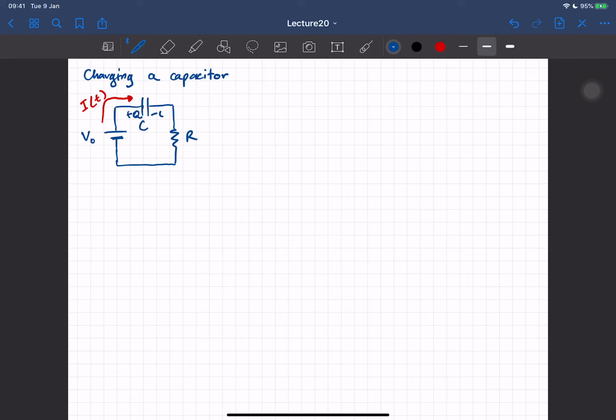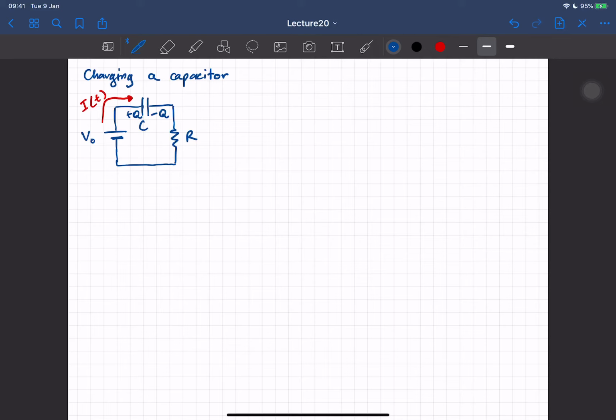And obviously the other side will be minus Q on the capacitor. So when you have positive current, meaning current flowing this way, then you're going to have more charge on the capacitor, which is the other way around from what we had before. So this will give a positive sign when you convert I to dQ by dt.